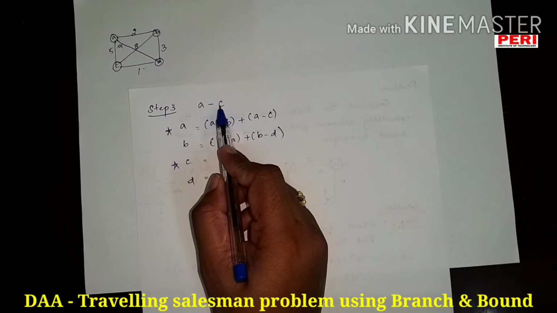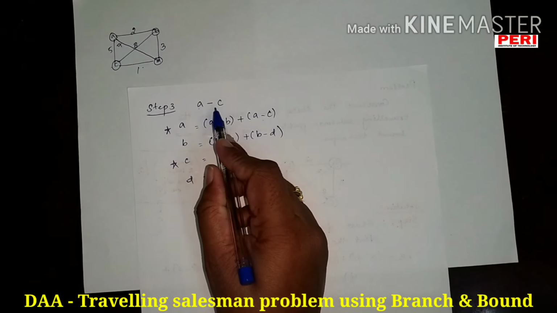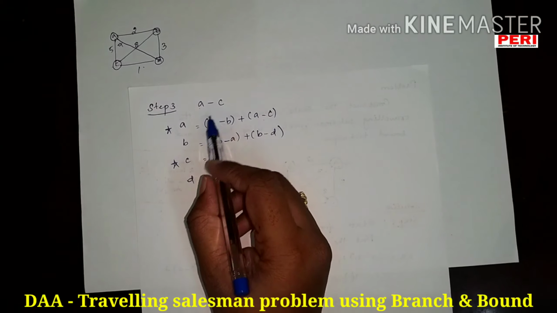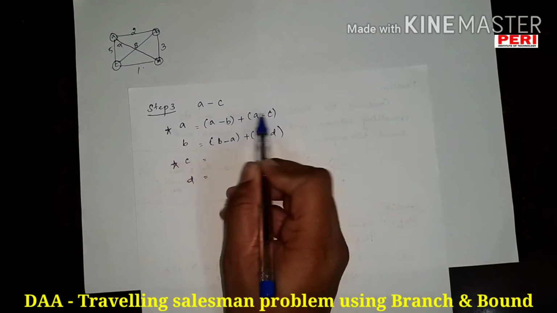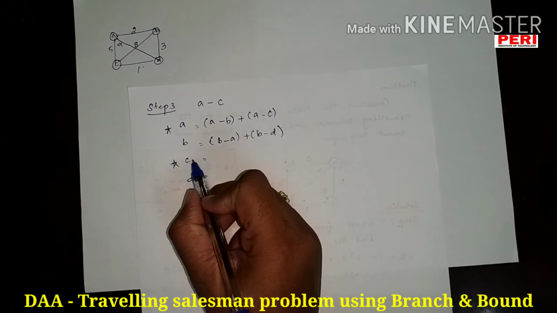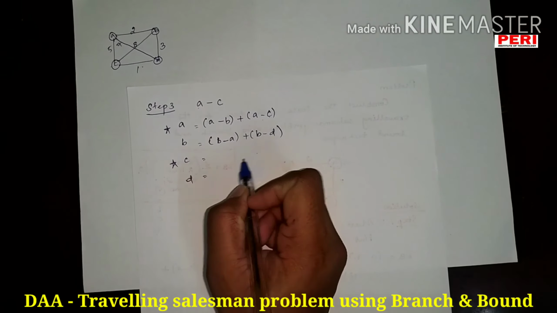Why? Because we are not going to consider it here. But A and C we are taking as a part, so A to C must be there in this answer and in C's answer also. So of course I have to take C to A plus.